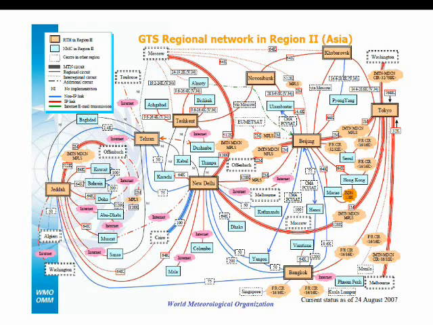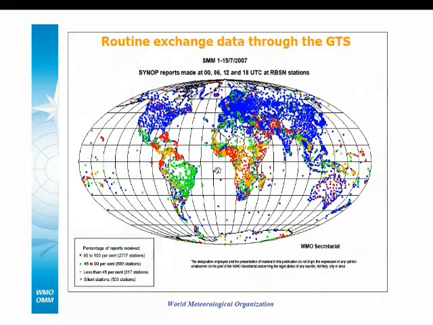Not only the technical reason, but also the administrative reasons. We continue to coordinate to establish such a link, but it's very, very tough work. And so many kinds of data and products are exchanged over the GTS.